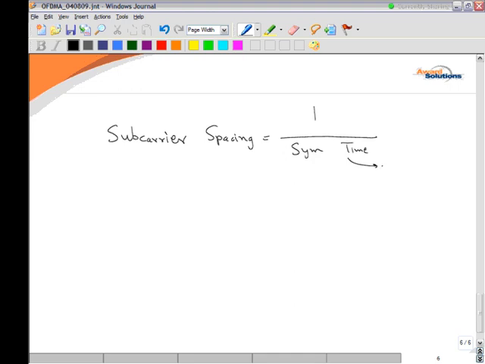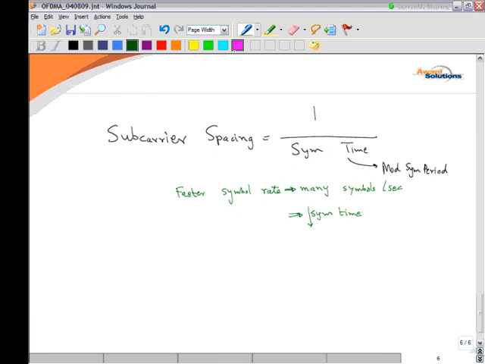So, modulation symbol period. What we are asking in that question is, if we have a higher, we say faster symbol rate, it means that you have many symbols per second. Of course, it means you are decreasing the symbol time.